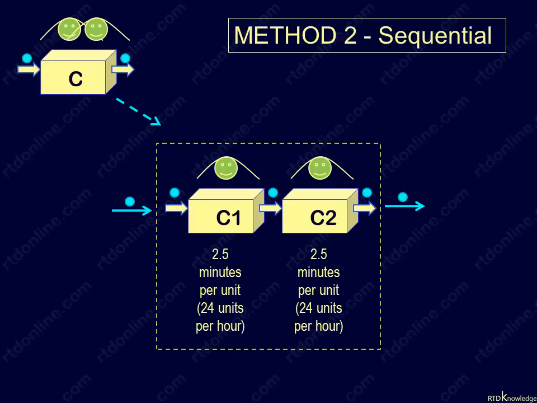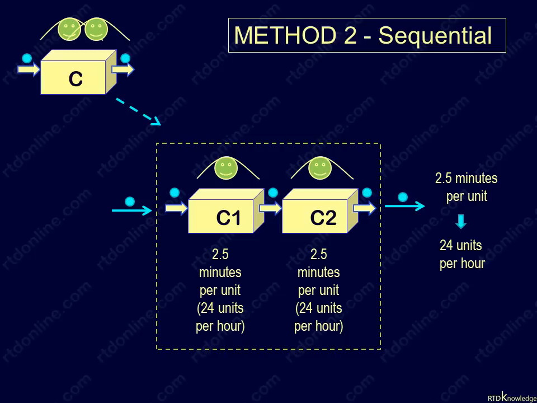Note that unlike the first method, the new station C here can accept only 1 unit at a time, but both C1 and C2 will always be busy working on 1 unit each. In other words, station C will now have 2 units inside at any time. It will output 1 unit every 2.5 minutes and therefore have a capacity of 24 units per hour, as in Method 1. So whether you use Method 1 or 2, the new cycle time and capacity will be the same.